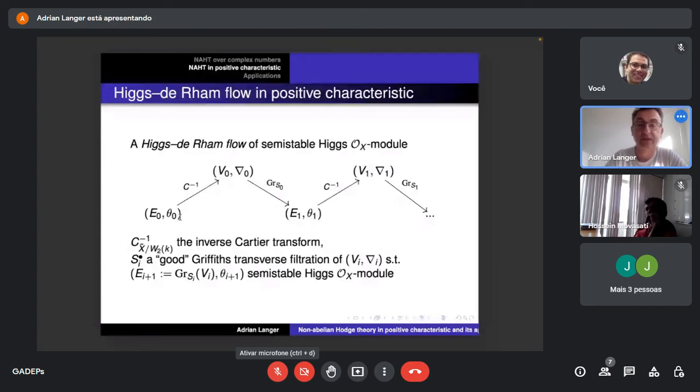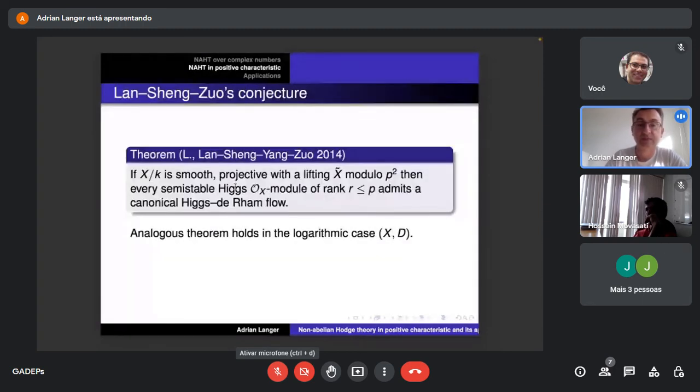And then the same theorem holds in the logarithmic case. If you have a smooth projective variety with a simple normal crossing divisor, and you assume that there exists a lifting of this pair modulo p squared, then every semi-stable logarithmic Higgs module admits a canonical Higgs-de Rham flow. And here the funny thing is that there is no assumption on Chern classes of Higgs sheaves or these modules with integrable connection.